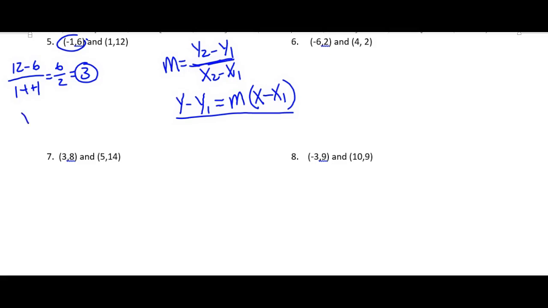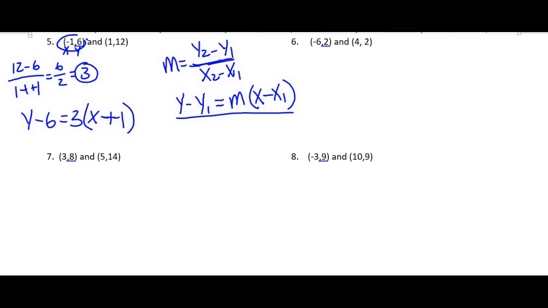So now I'm going to say y minus y1. Well, here's my x1 and here's my y1. So y minus 6 equals m. We just found m. That's 3. Parentheses x minus x1, which is negative 1. Again, we have a change to plus there.